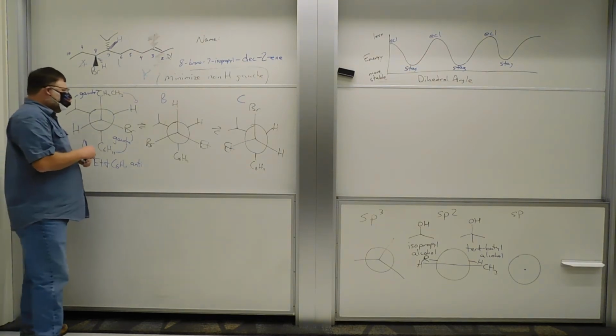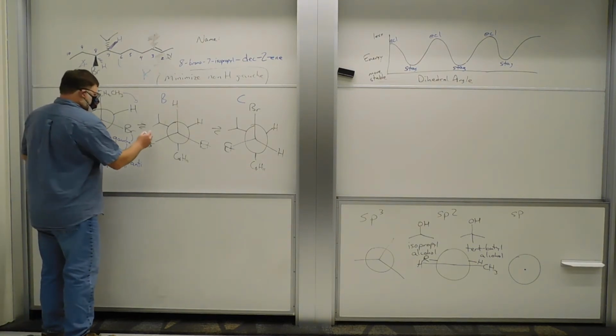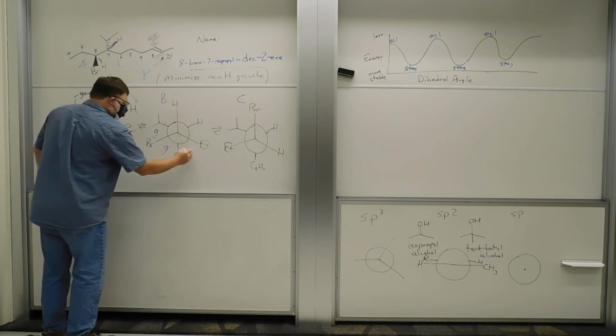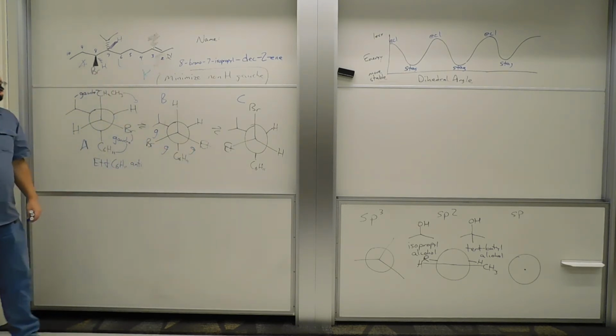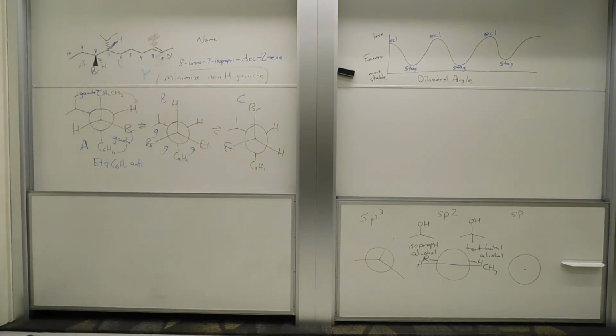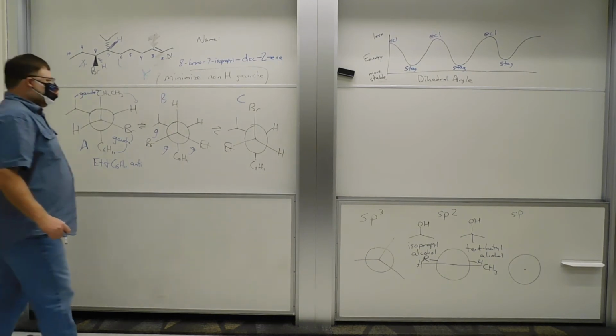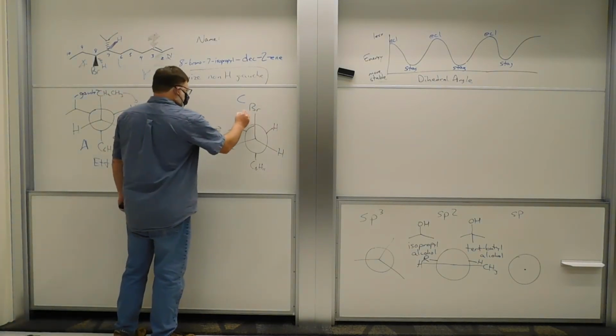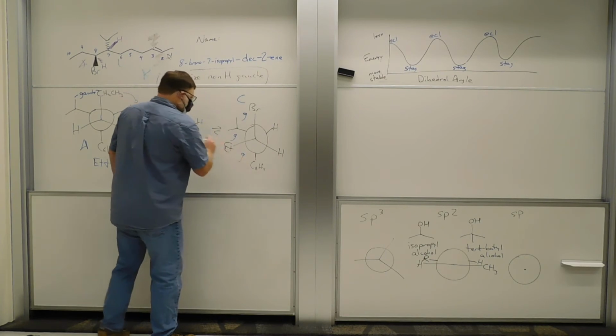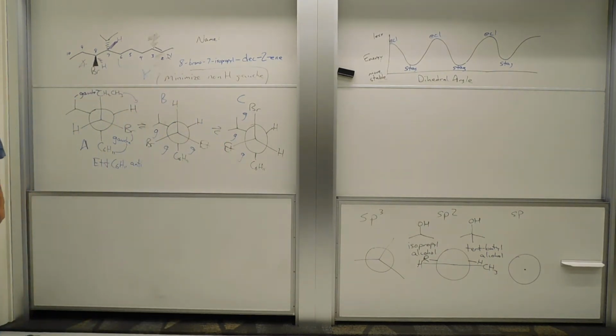In B, I'm just going to write G's here. In structure B, we have 3 non-hydrogen gauche interactions. And in structure C, we again have 3. So A is going to be our most stable staggered conformation.